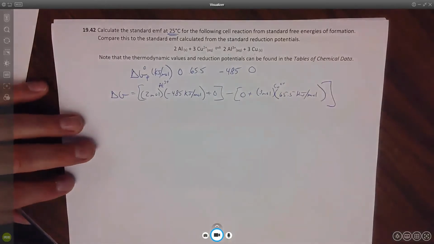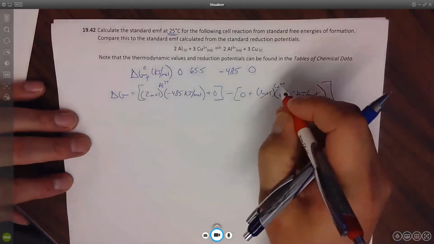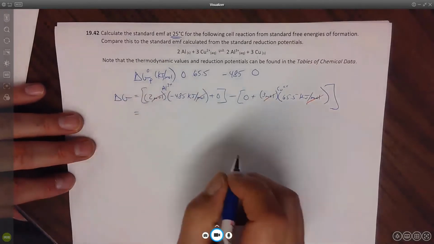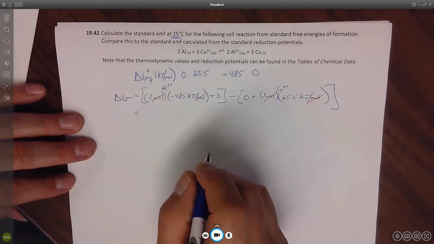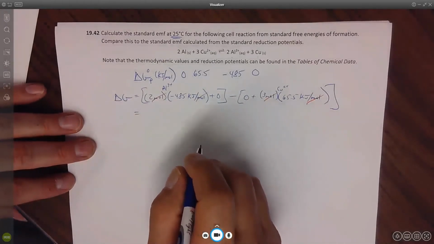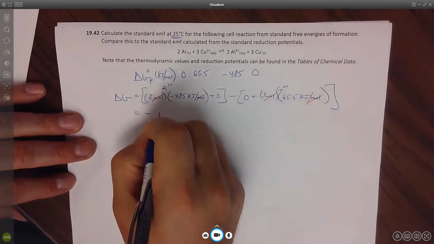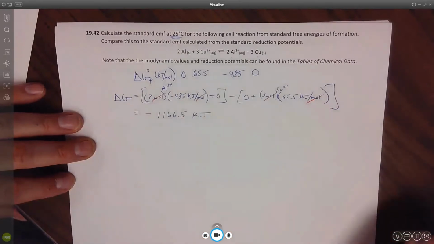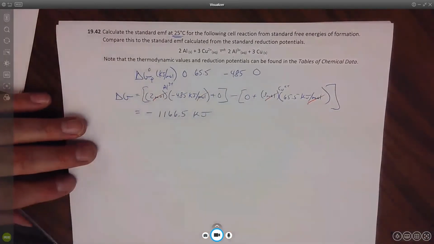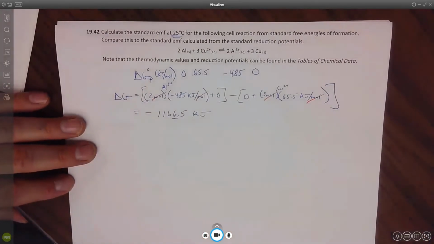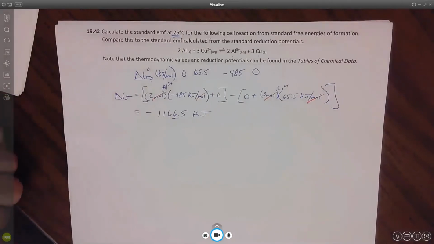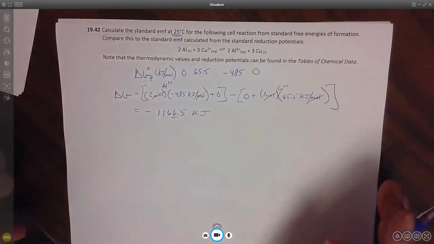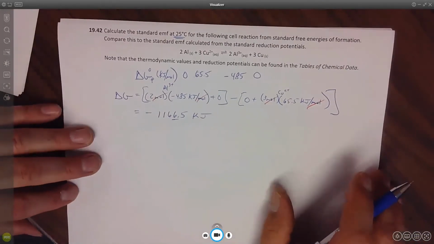So all the moles cancel. Plug that into your calculator, and you're going to get a free energy change of negative 1,166.5 kilojoules. Okay, so any questions about that?